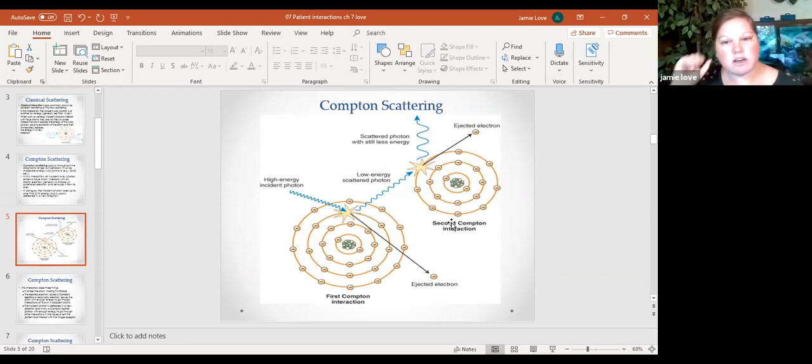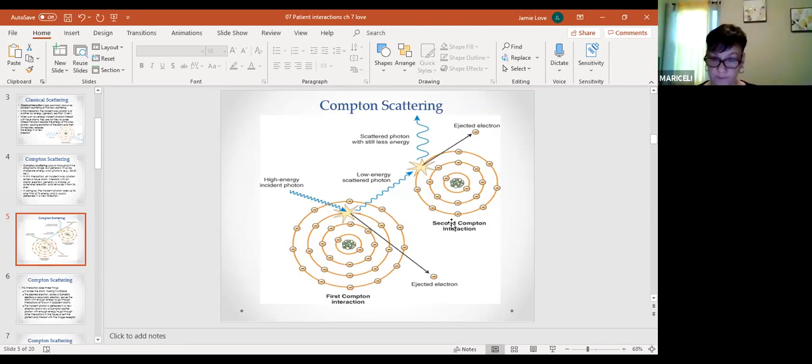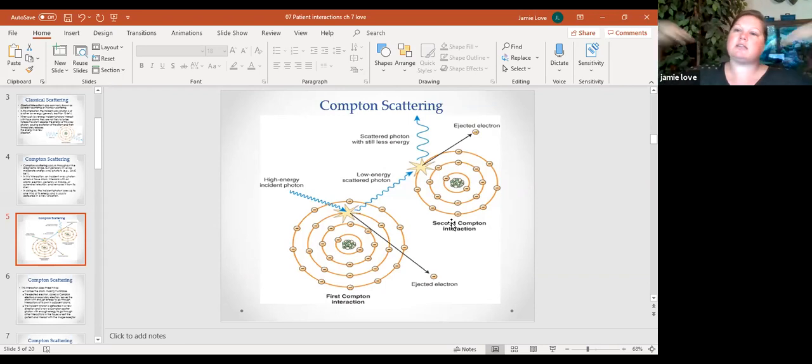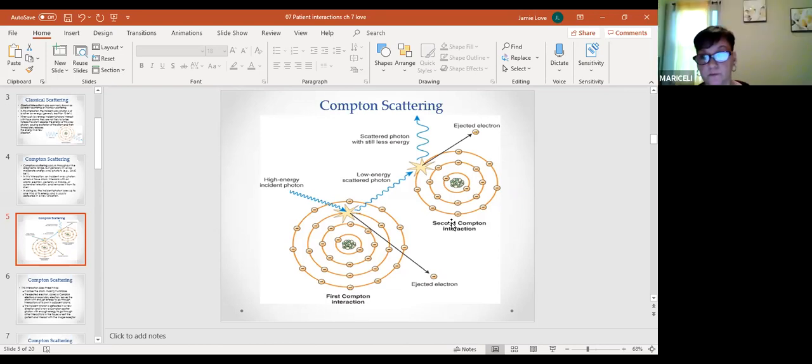When they change direction, they are no longer going down from the tube through the patient. They're coming off the side of the patient, up in the air, sideways, any direction. They can be scattered. So these are called scattered photons. We just initially drop off the word Compton, but when we're saying a scattered X-ray photon or X-ray scattering, this is what we're talking about.